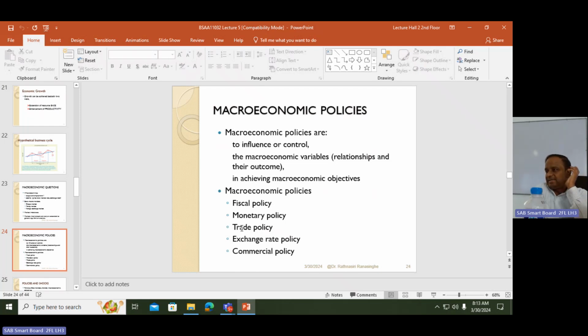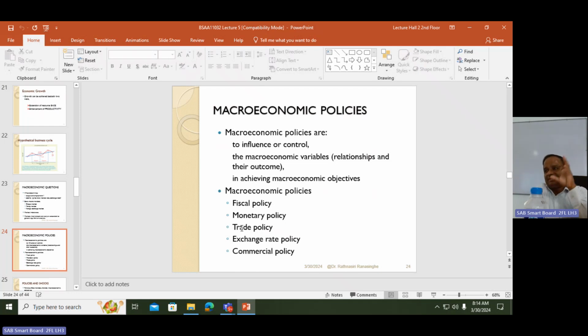The life cycle explains how, from your birth to the end of your life, you maintain your consumption pattern, which is based on the expected lifetime income. There are some other theories that explain the determinants of consumption.